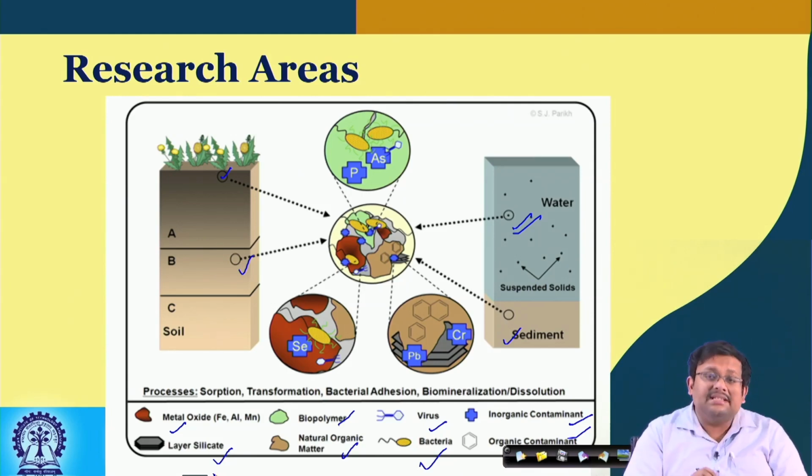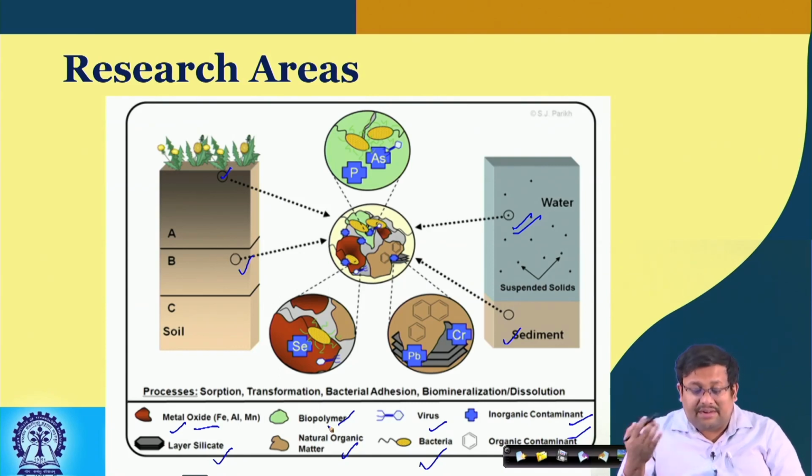Research in advanced countries, in western countries, is basically going on for these metal oxides and all these individual components. Remember that all these individual components can coexist, and there are several processes which are responsible for this, like sorption, transformation, bacterialization and biomineralization, dissolution.